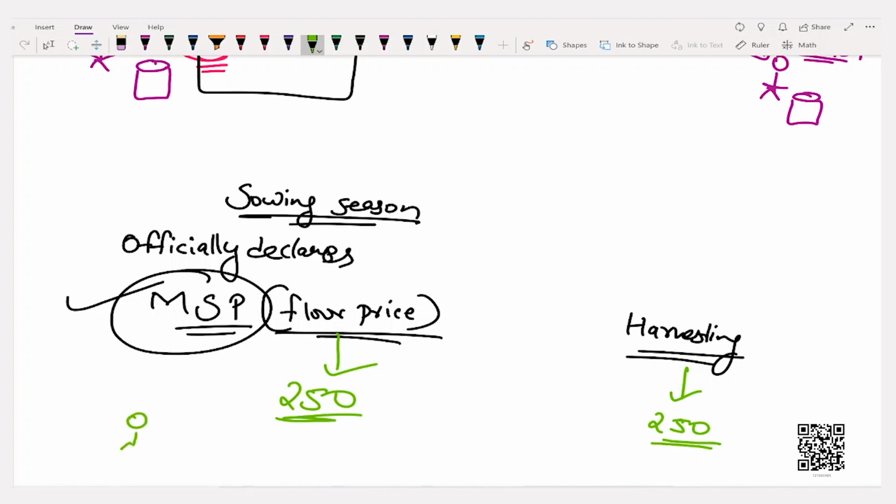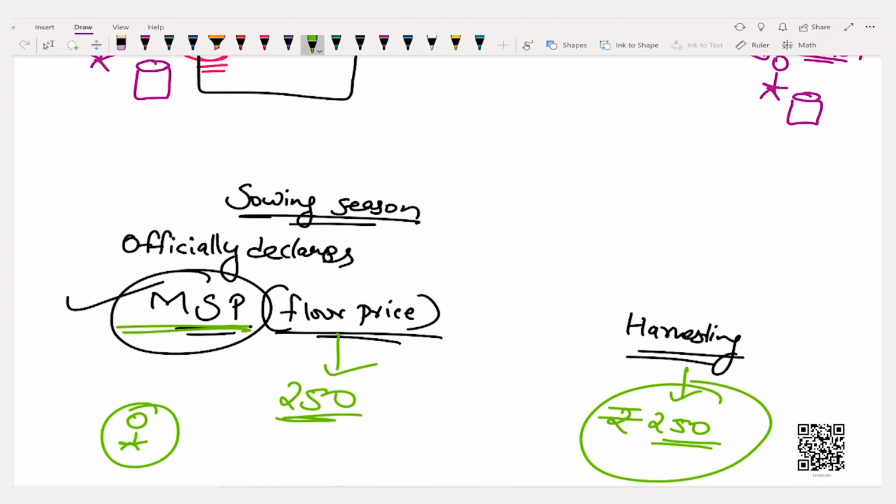Now, if any middleman wants to purchase the produce of the farmer, he has to offer at least an amount of rupees 250, because no farmer would like to sell at a price lesser than 250, because this is the minimum price that has been quoted by the government. Now what will happen? Every middleman has to offer at least 250 rupees to buy the product of the farmer.